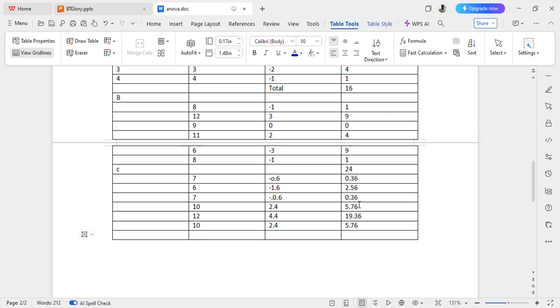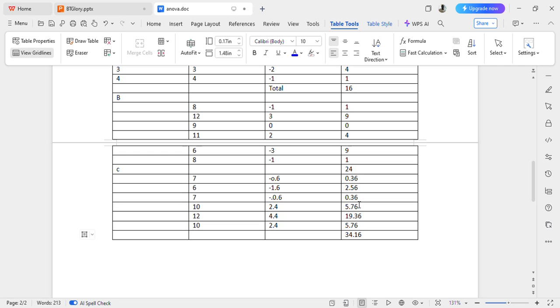So our total will be 0.36 plus 0.36, that is 0.72, plus 2.56, plus 5.76, plus 5.76, plus 19.36. That gives us 34.16.